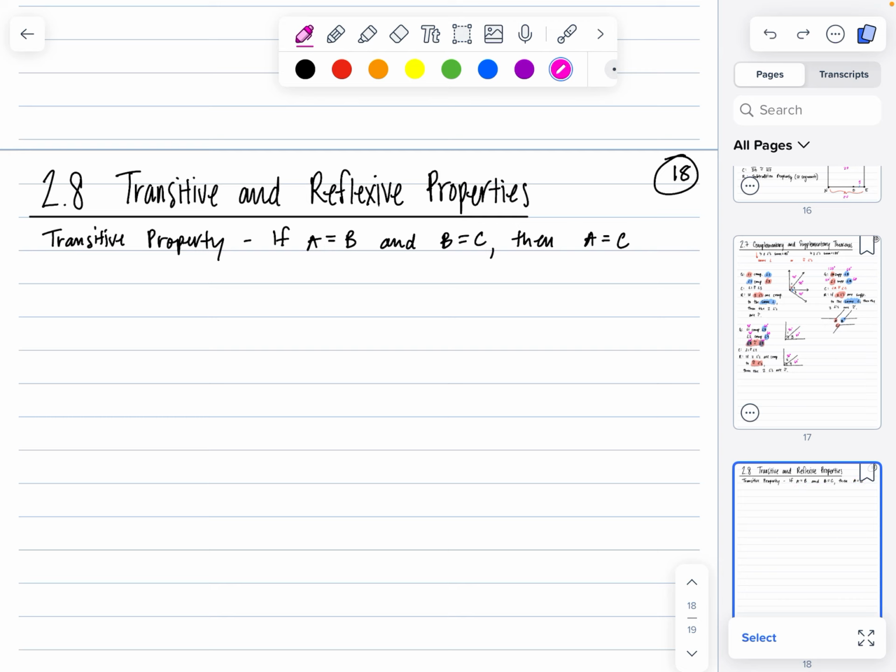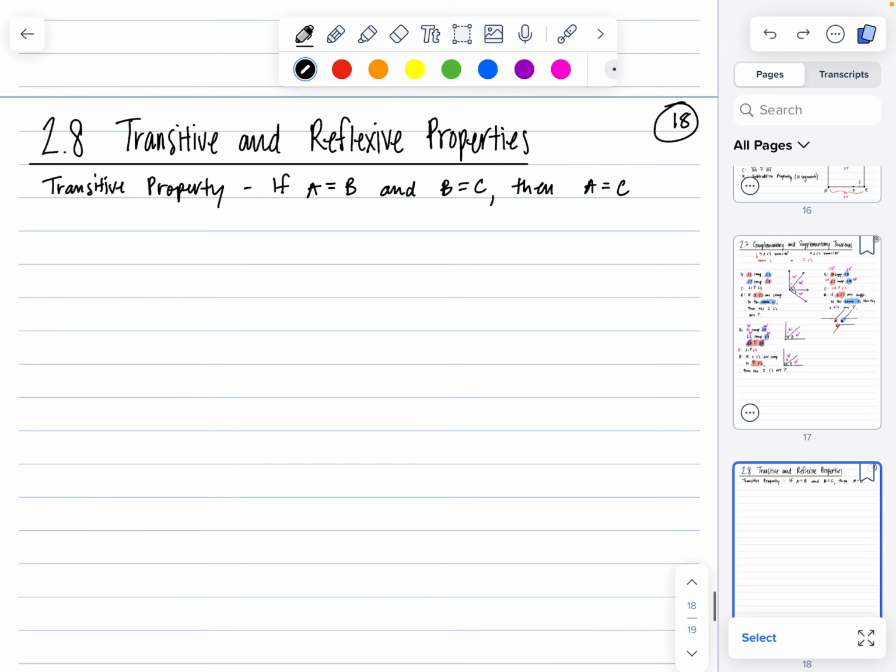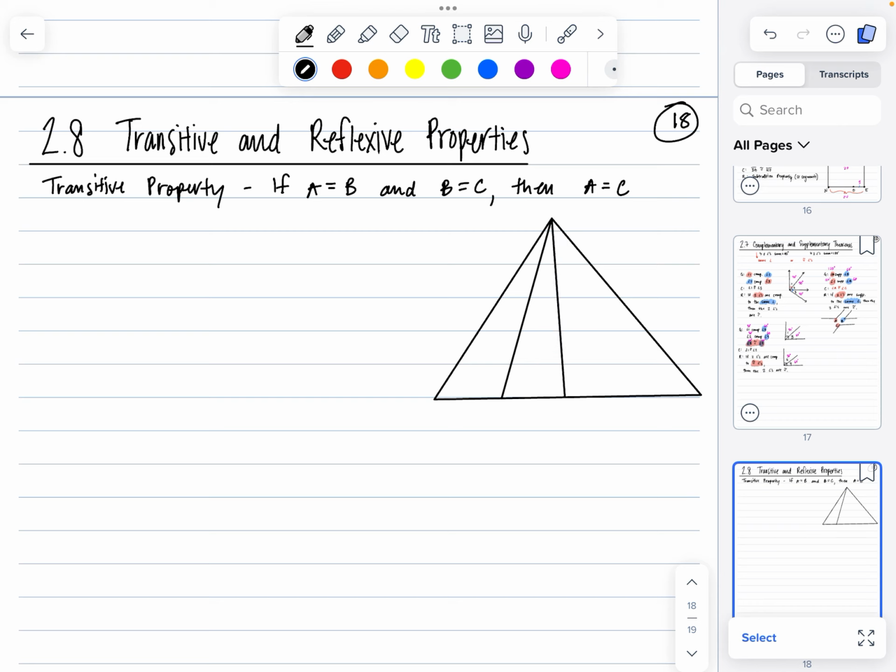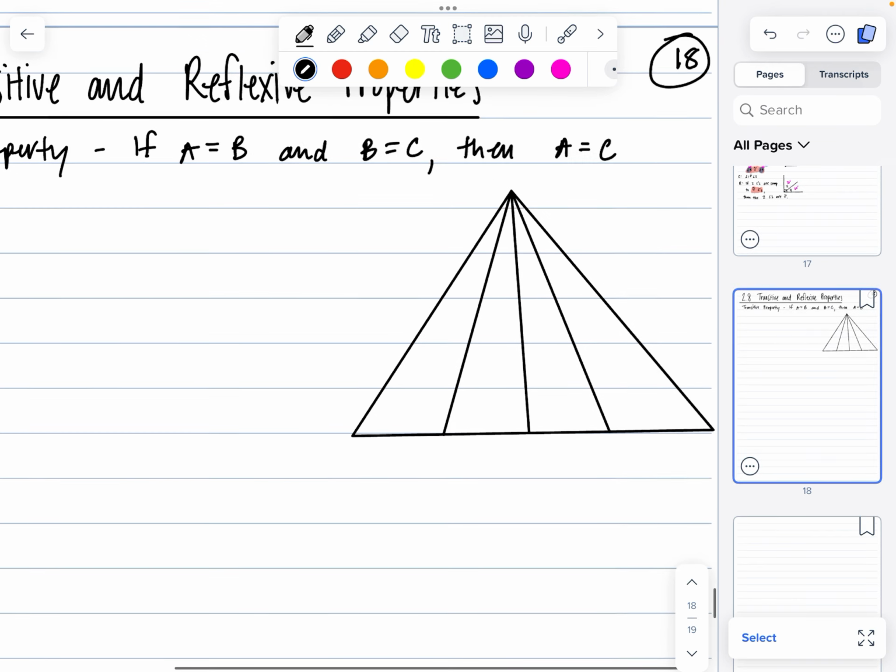Geometrically, we work with angles and segments. And let's draw a quick diagram just to illustrate this. So let's draw a triangle. Let's make this a little bit wider. And then we'll also draw some segments from the vertex straight down. We're going to put some letters here.